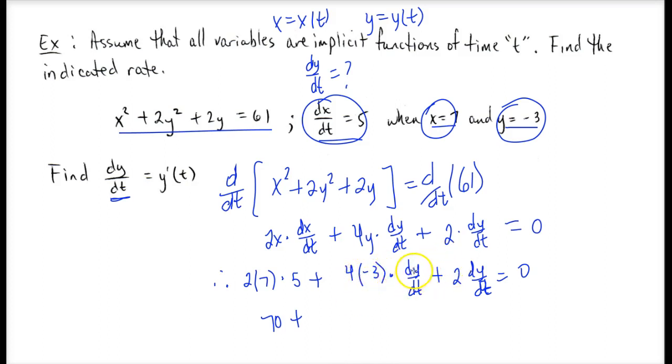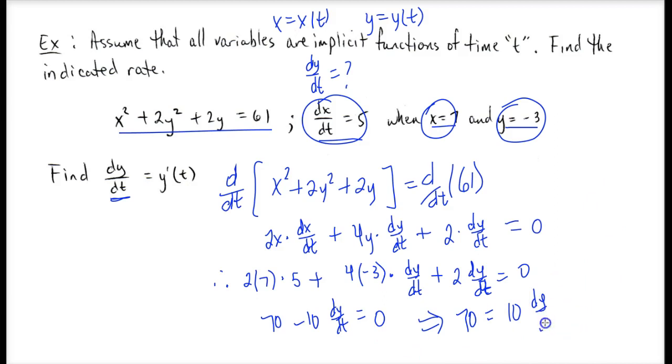Negative 12 dy over dt plus 2 dy over dt is going to be a negative 10 dy over dt. So we'll go ahead and make that minus 10 dy over dt equals 0. And then from there, we know that 70 has to be equal to 10 times dy over dt.